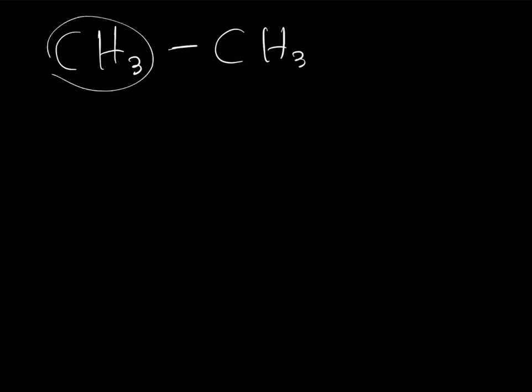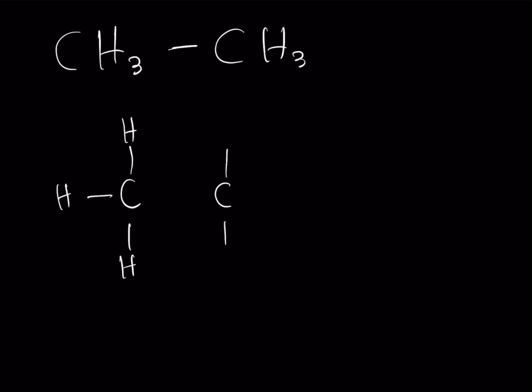So our first example is going to be CH3, CH3. How do we draw the Lewis structure for this condensed structure? So we know that we have a CH3, so that's carbon with 3 hydrogens attached. And we have another CH3, so that's another carbon with 3 hydrogens attached.